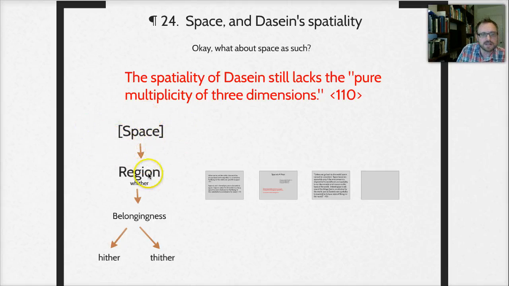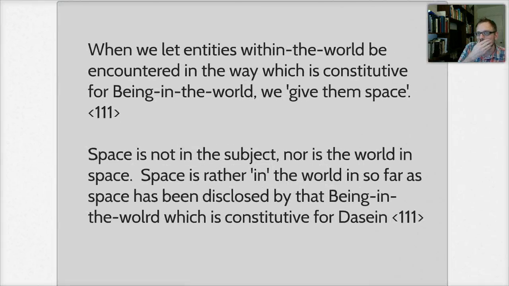So space always is in reference to a region for Dasein, the whither of Dasein, and every region is a region insofar as it allows certain forms of belongingness. The way in which these tools go here, and the way in which I comport myself and involve myself towards things, and the belongingness of things gives me the hither and the thither of things. So you can see here that it's my mode of involvement that's doing the work at the end of the day.